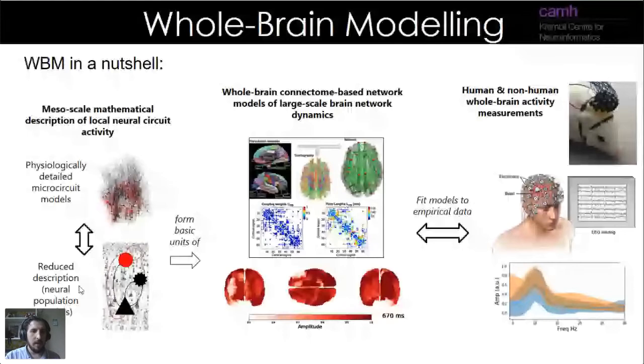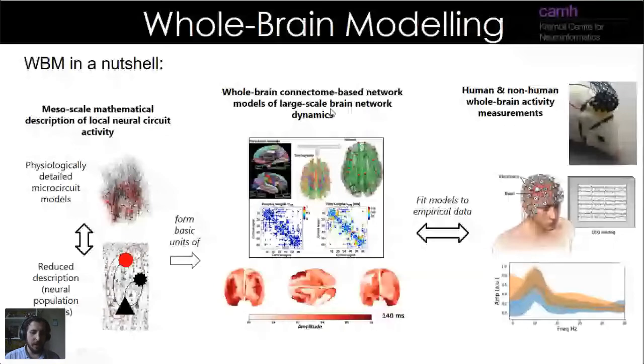And then coming up to the middle part of the figure here, these neural population models give us our basic units, the atomic components, in a sense, of a whole brain connectome-based network or neural mass model.